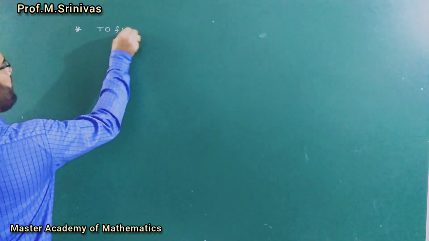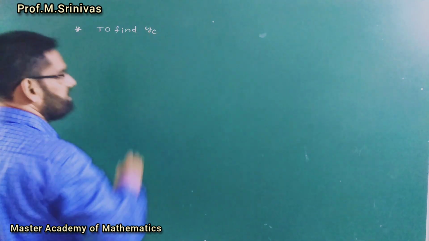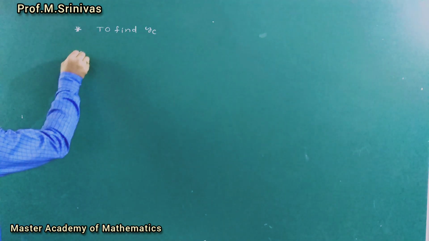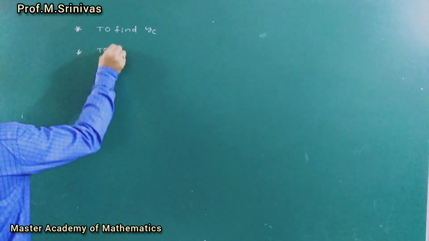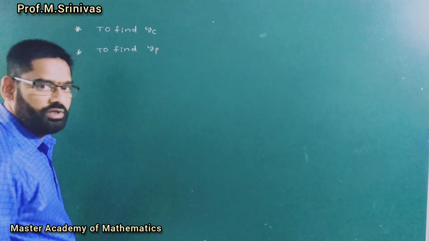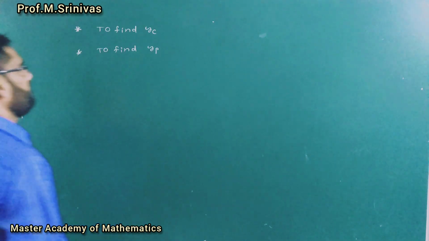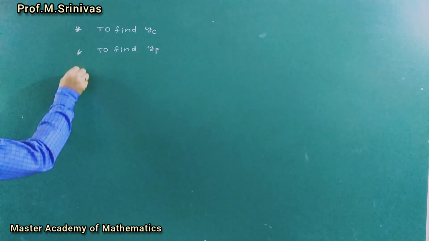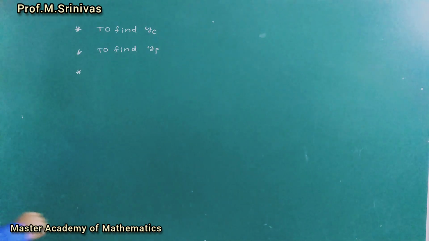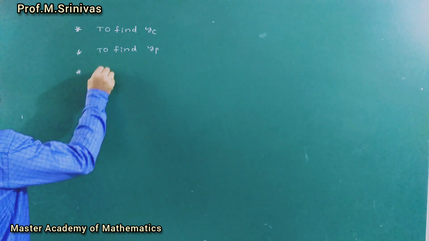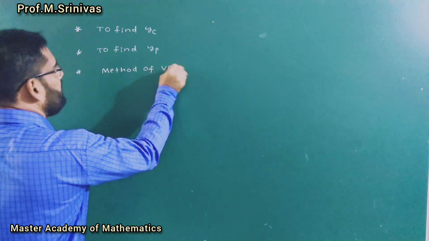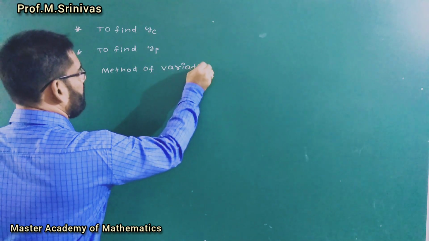When you enter into higher order ordinary differential equations, the first topic is to find YC, which we call the complementary solution. The second part is to find YP, the particular solution of the given higher order ordinary differential equation. The third topic is the method of variation of parameters.